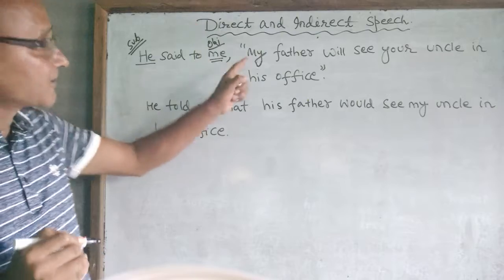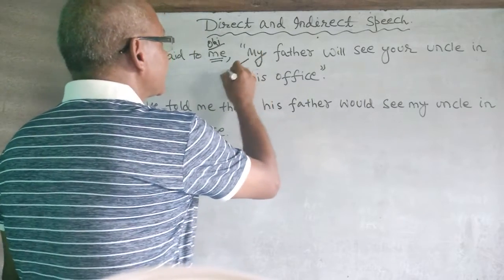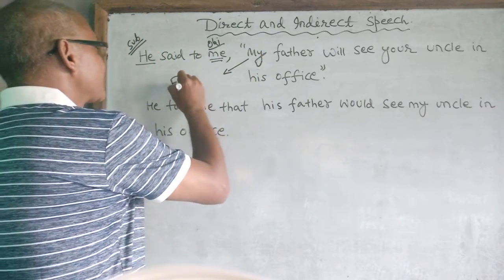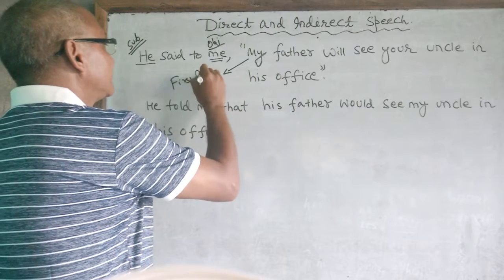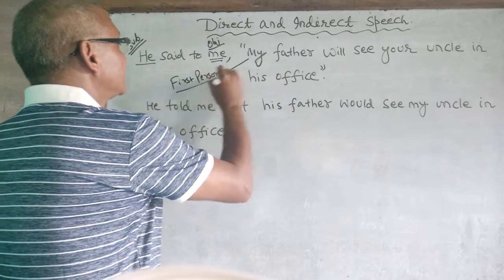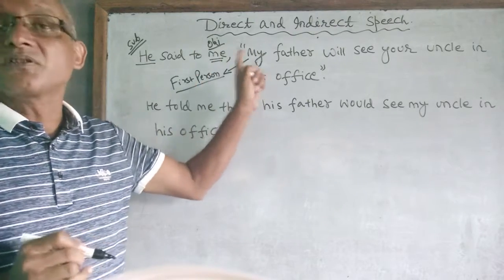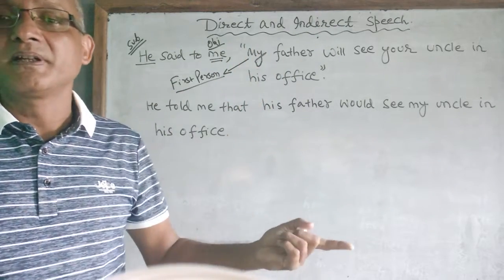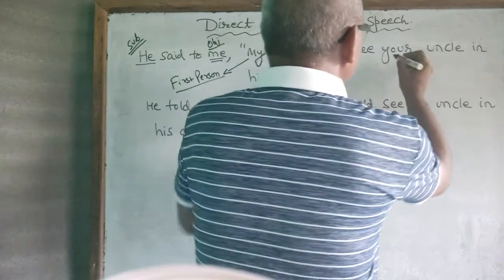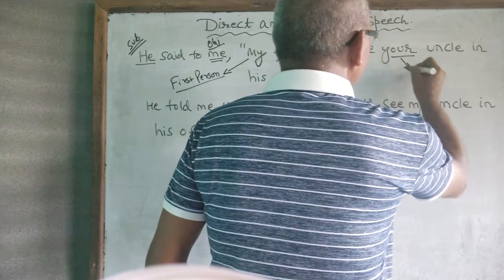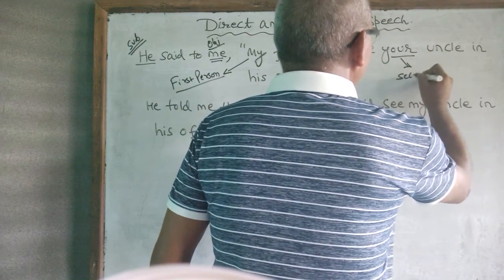Now there is a first person here, that is mine. This is the first person, because this person is talking, so he becomes first person. And he's talking to somebody else, that person becomes the second person.